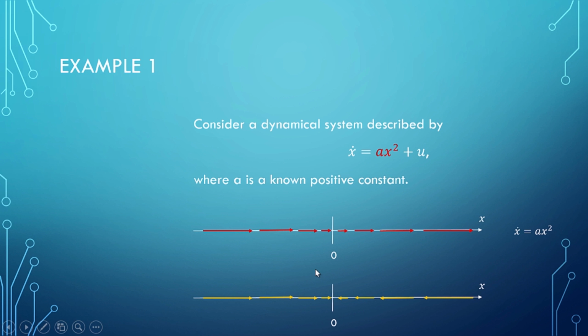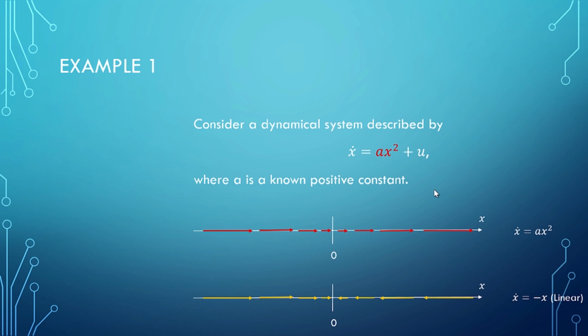So what does the controller look like for this dynamic system? This phase portrait is plotted according to this dynamics, which is a linear dynamics. x dot equal to minus x, so it's stable, right? So after you design U, okay, you substitute U here, maybe this one will be canceled out.